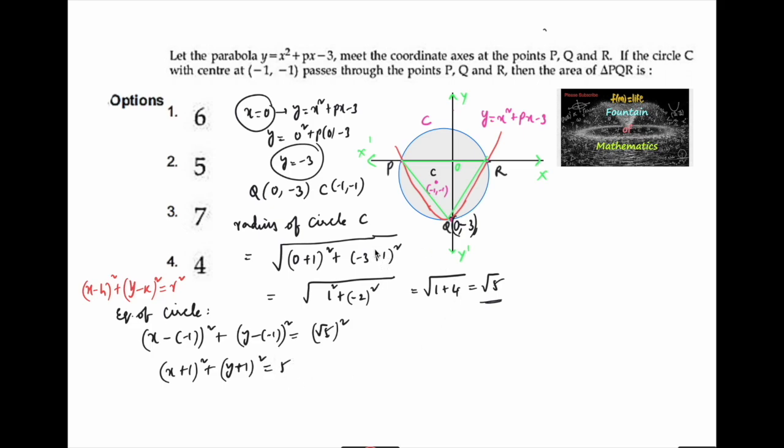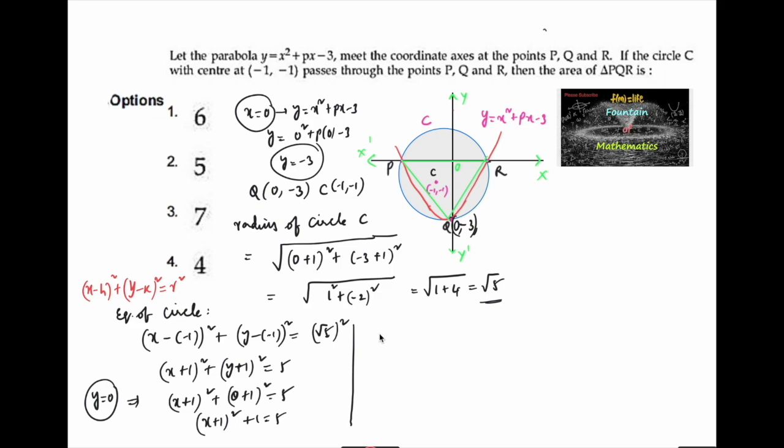To get the points P and R, since the points P and R are on x-axis where y is equal to 0, so put y is equal to 0. So we get x plus 1 whole square plus 0 plus 1 whole square is equal to 5. That is x plus 1 whole square plus 1 is equal to 5.